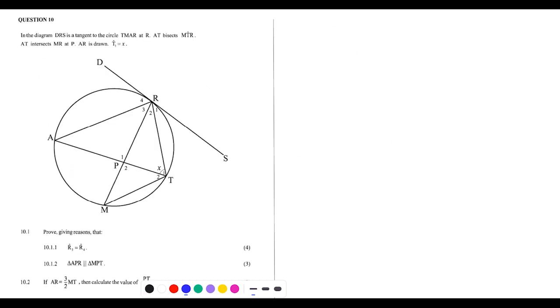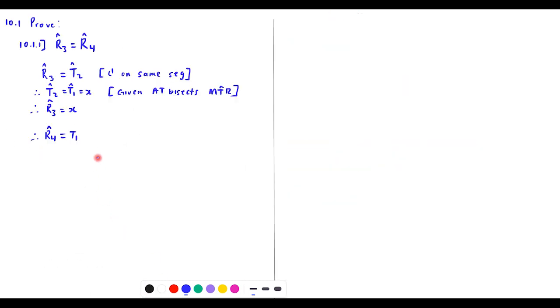The reason was the tan chord theorem, right? R4 is T1, which is X, and therefore R4 is also X. Because R3 and R4 have the same angle, the conclusion is R3 is equal to R4. And that's how we prove the first question.